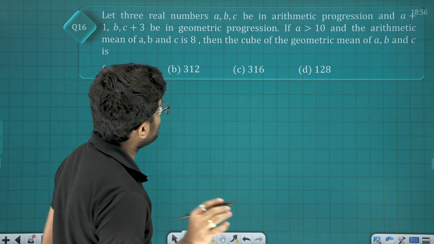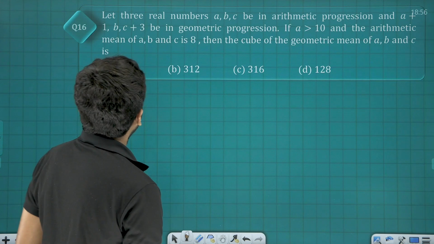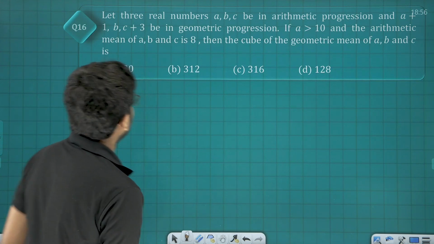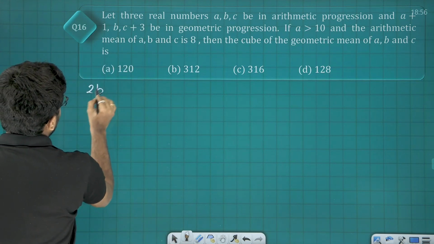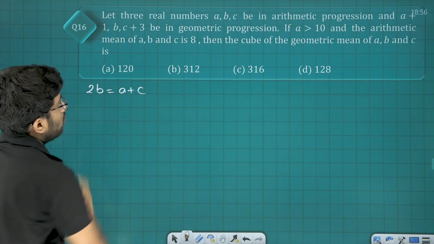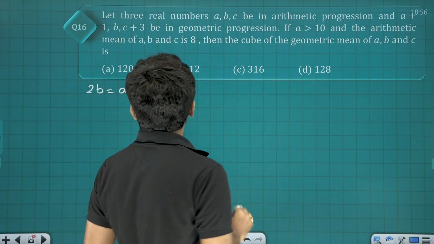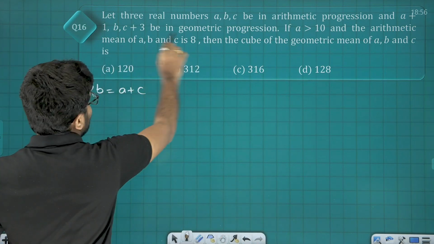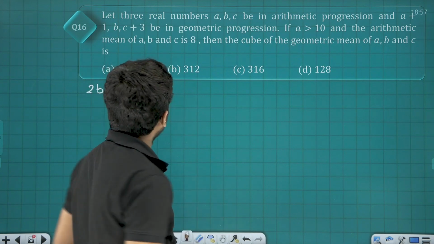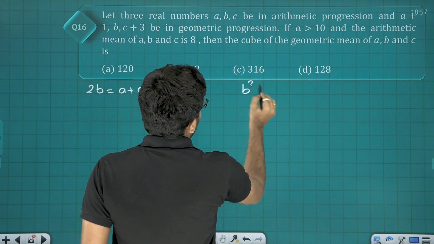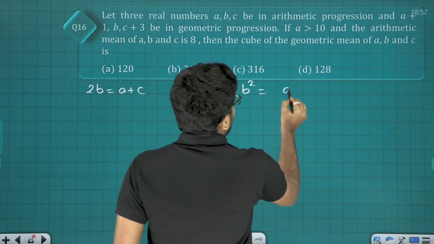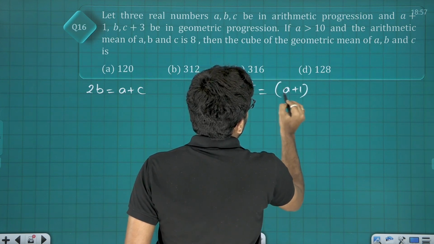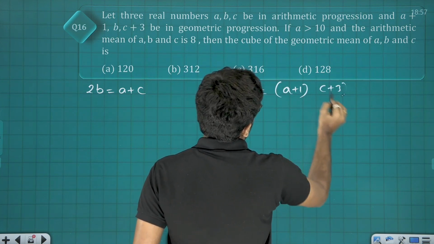There are three real numbers A, B, C in arithmetic progression. If there are three real numbers in arithmetic progression, for sure 2B is equal to A plus C. And A plus 1, B, C plus 3 are in geometric progression. If they are in geometric progression, that means B square is equal to (A plus 1) into (C plus 3).